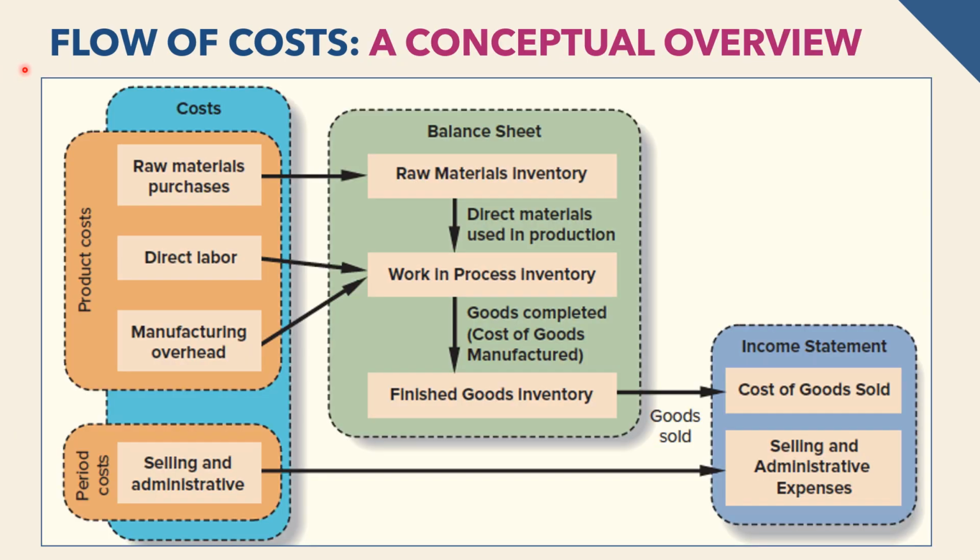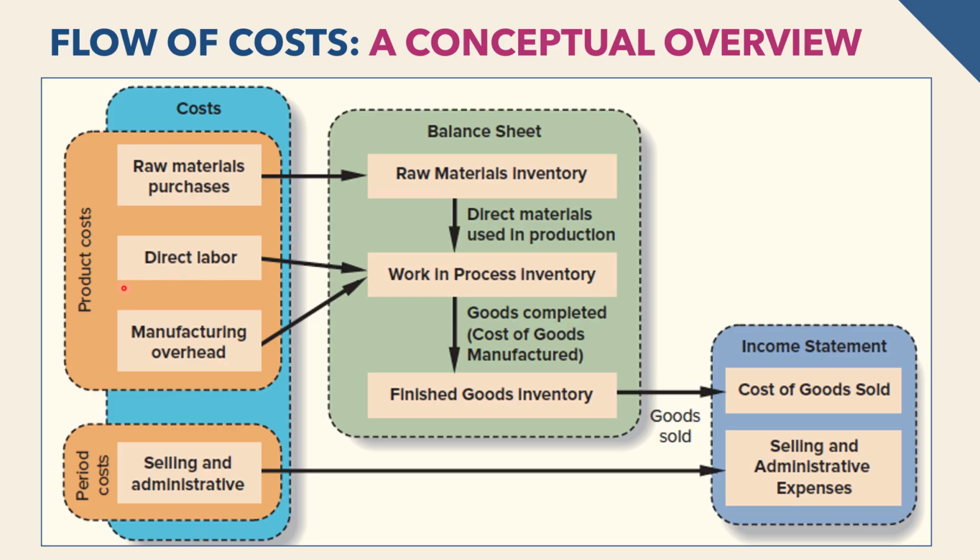This is a conceptual overview to show the flow of costs to the financial statements, including the balance sheet and income statement. Balance sheet is here and income statement is here. For the purpose of preparing financial statements, costs are classified into product cost and period cost. Product costs include raw materials purchases, direct labor, and manufacturing overhead. When raw materials are purchased, the cost goes to raw materials inventory under the balance sheet.